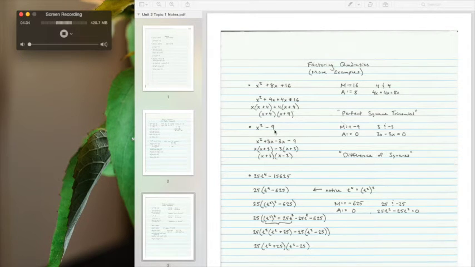We don't have any common factor among these two terms, so let's go ahead and try our method. We're going to multiply the leading coefficient by the constant term. 1 times negative 9 is negative 9. We want to find two numbers that multiply to negative 9 and add to our missing middle term coefficient, which is 0.